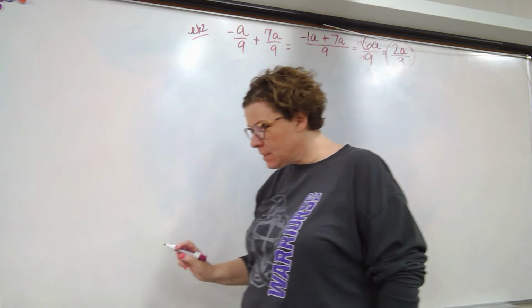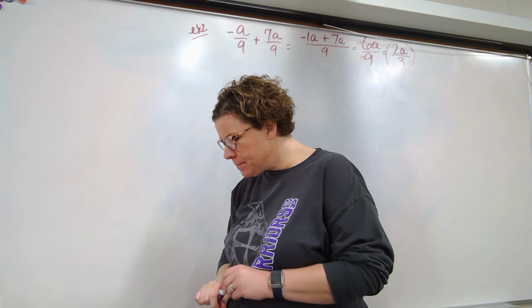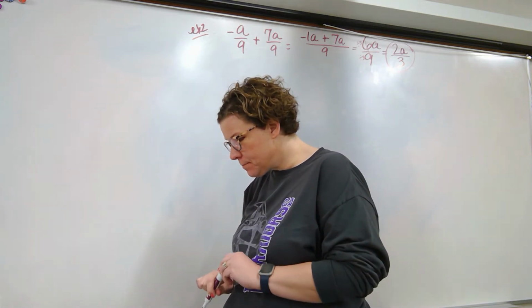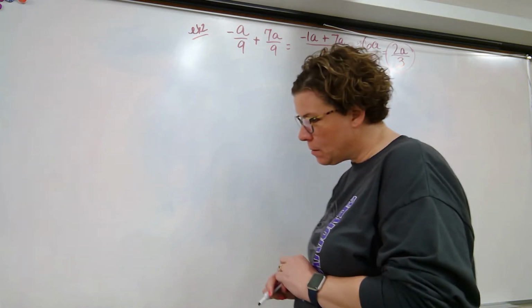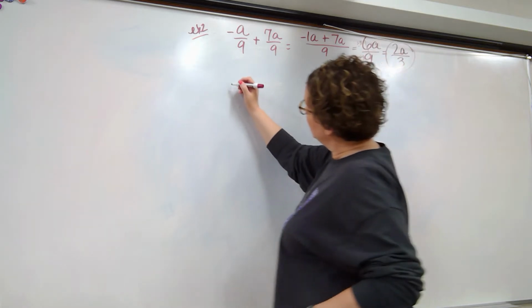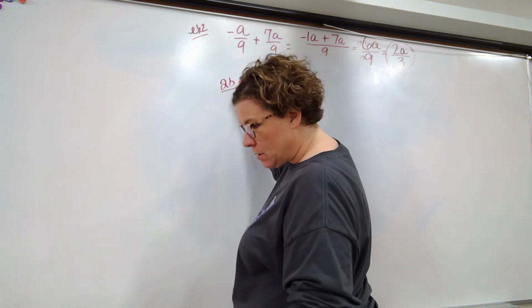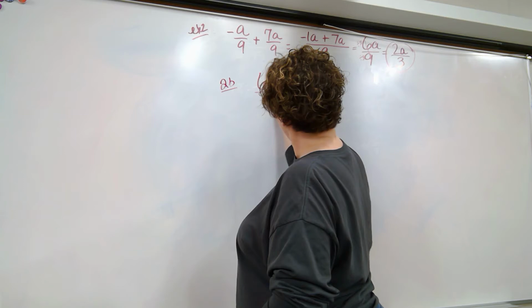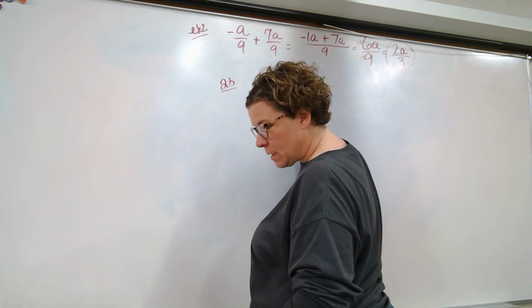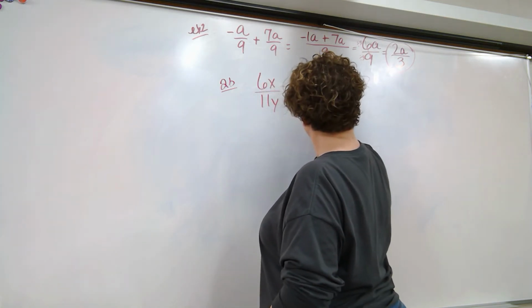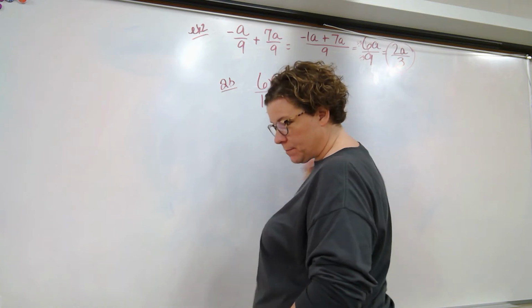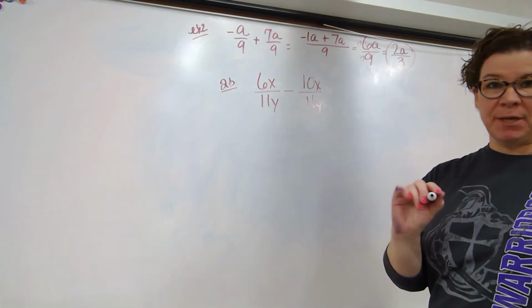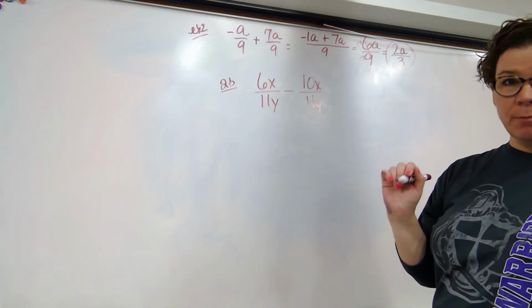Okay, that's example 2A. Example 2B is 6x over 11y minus 10x over 11y. Okay? I combine my numerators and I put them over my common denominator.